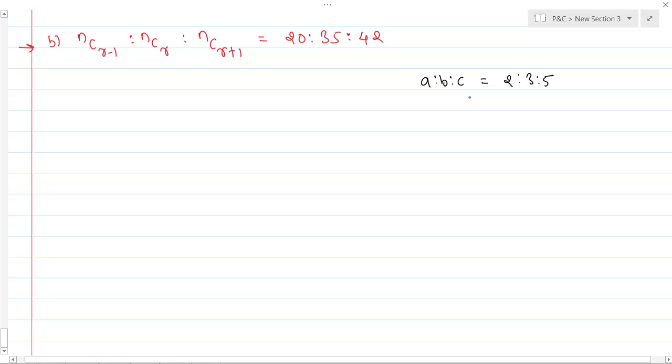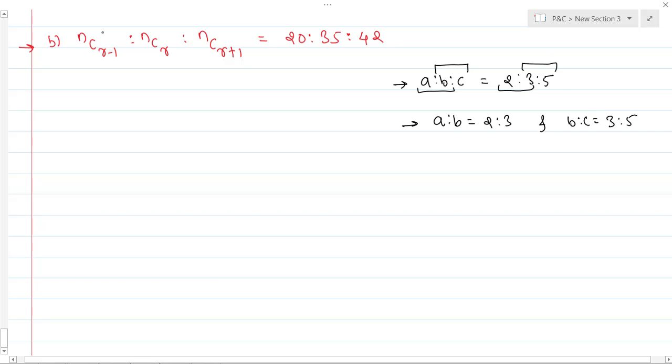Then what we can write is a is to b equal to 2 is to 3 and b is to c equal to 3 is to 5. This is how we can divide the given combined ratio. So this is known as a combined ratio and these are the individual ratios. a is to b means the first two terms and b is to c means the last two terms.